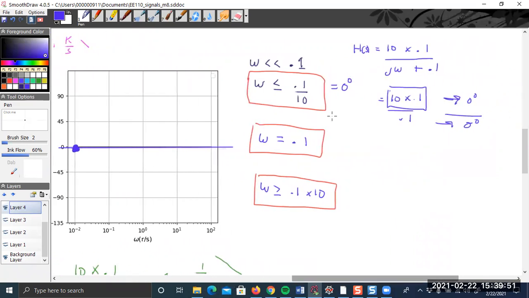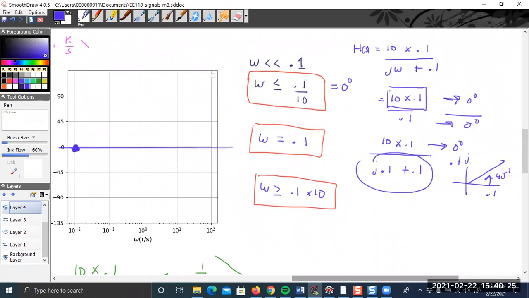Now, with the phase, what about when omega equals that? All right, so I have 10 times 0.1, and that's still going to give me 0 degrees phase. Nothing changes. But here, if I have j 0.1 plus 0.1, right, and I draw that, 0.1 real, 0.1 imaginary, that's 45 degrees, right?